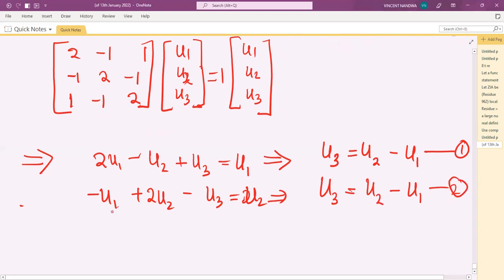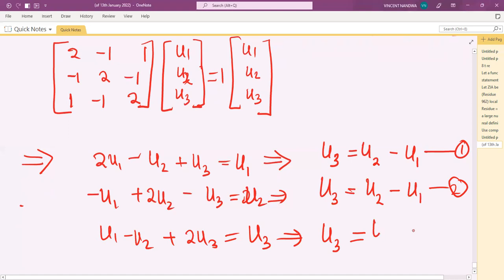And U1 minus U2 plus 2U3 equals U3. This means U3 will be given by U2 minus U1. Call this equation 3.